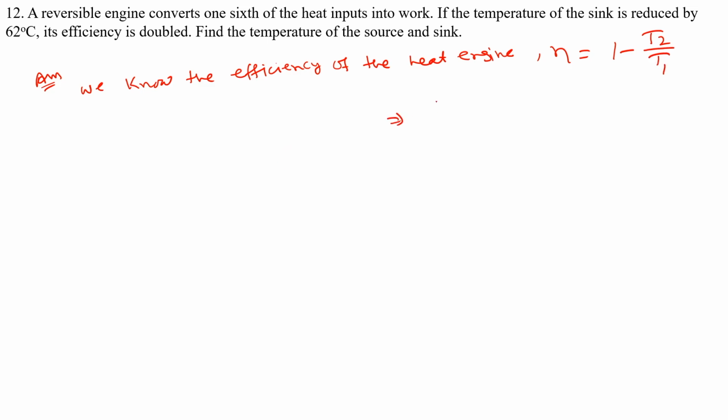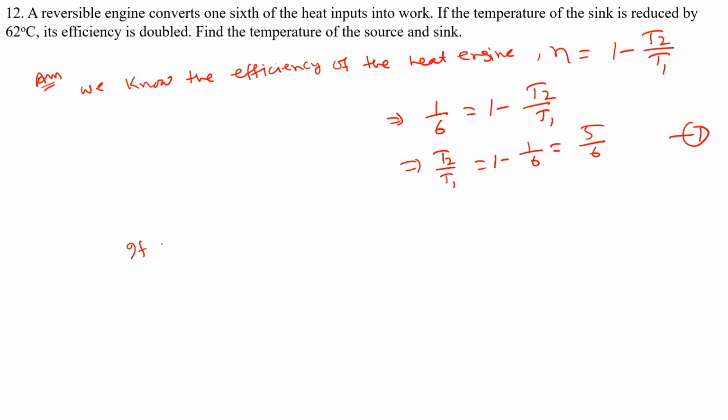So, efficiency is 1/6, 1 minus T2 by T1. So, you get T2 by T1 is 1 minus 1 by 6, so we get 5 by 6. Suppose this is equation 1.